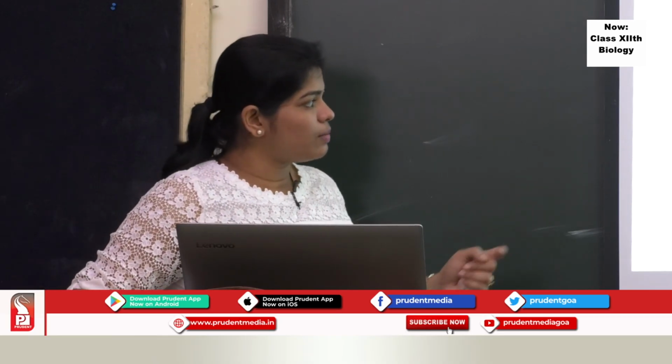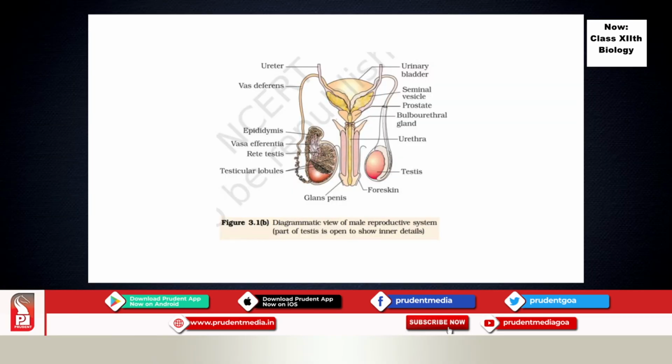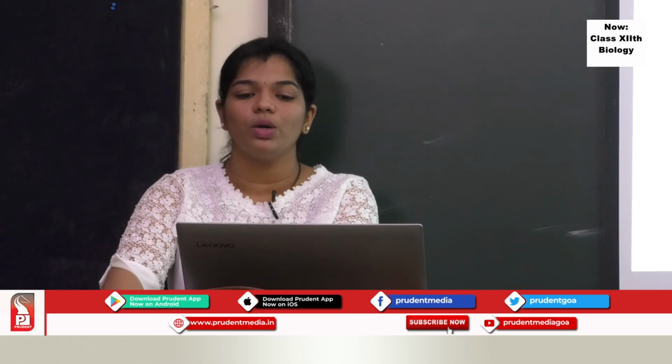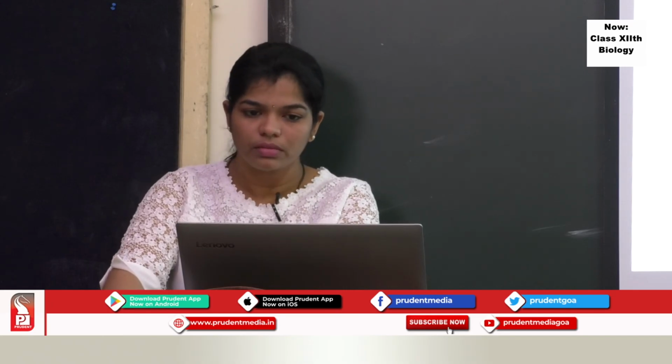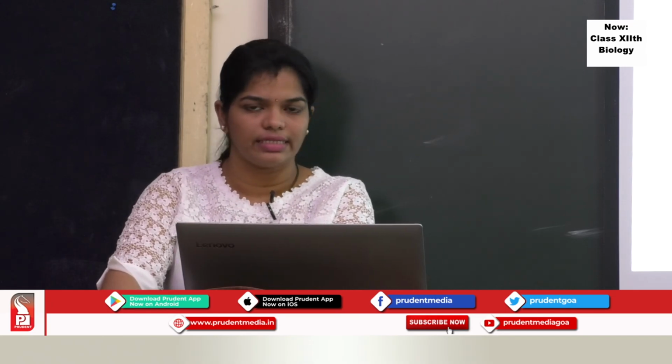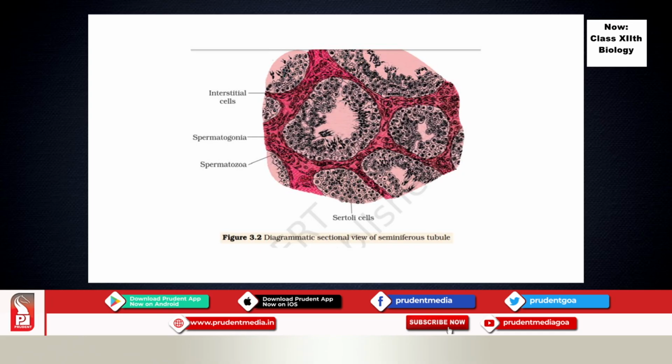So this is the diagram showing the diagrammatic view of the male reproductive system, the parts of the male reproductive system. Then you have the sectional view of the seminiferous tubule showing the cells inside the seminiferous tubule. Make a note, students, of the figure number and mark it on the textbook, and please learn by drawing the diagram.